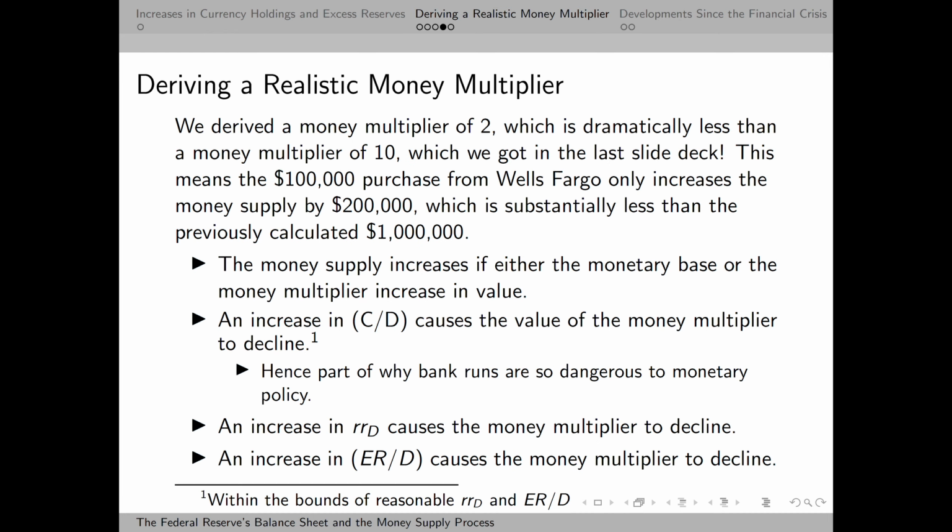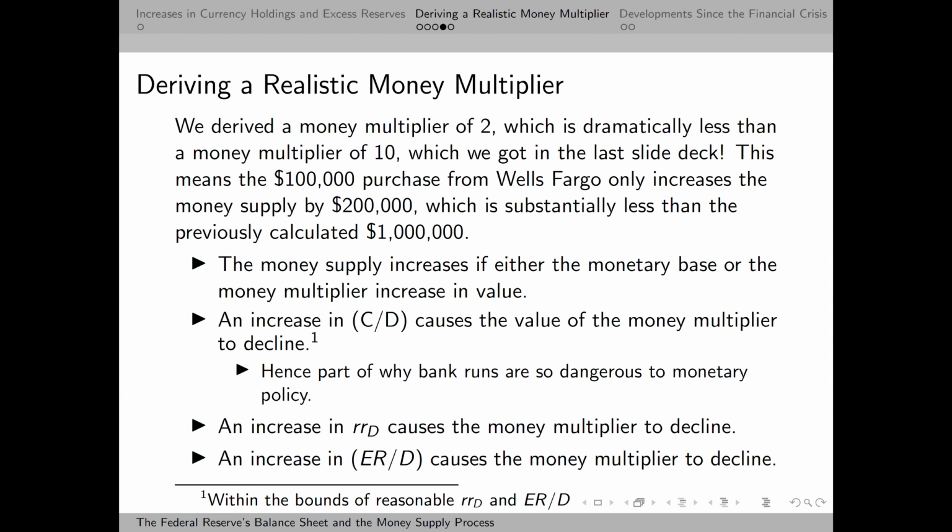And that makes sense, right? Because if I deposit the entire $100,000 that I get as a loan from Wells Fargo, the bank can then loan out $90,000. However, if I only deposit $50,000, then only $45,000 can get loaned out, which means that this multiplier effect approaches zero much more rapidly. So stylistically, this makes sense.